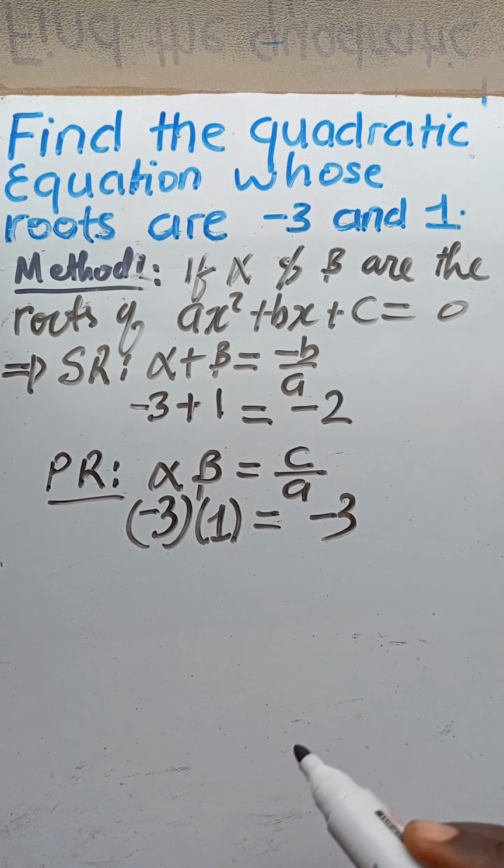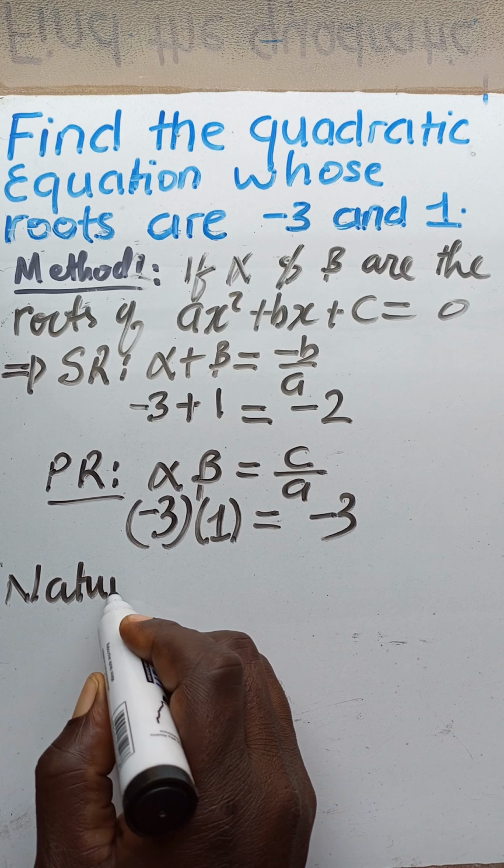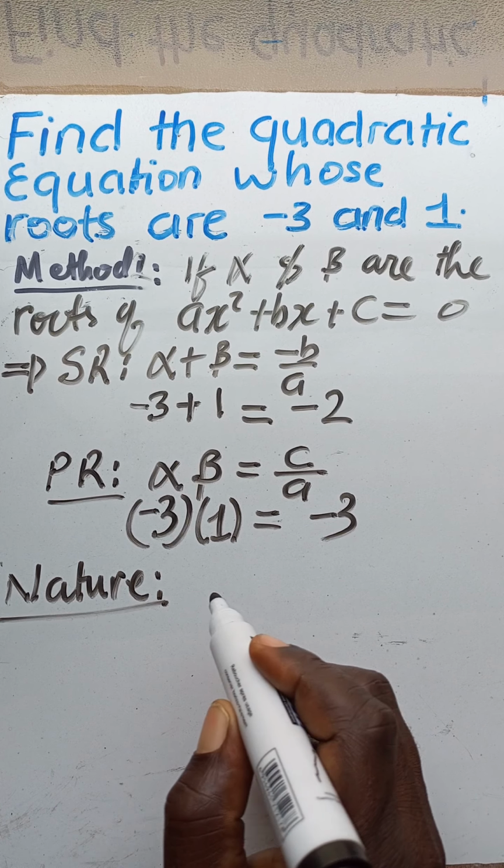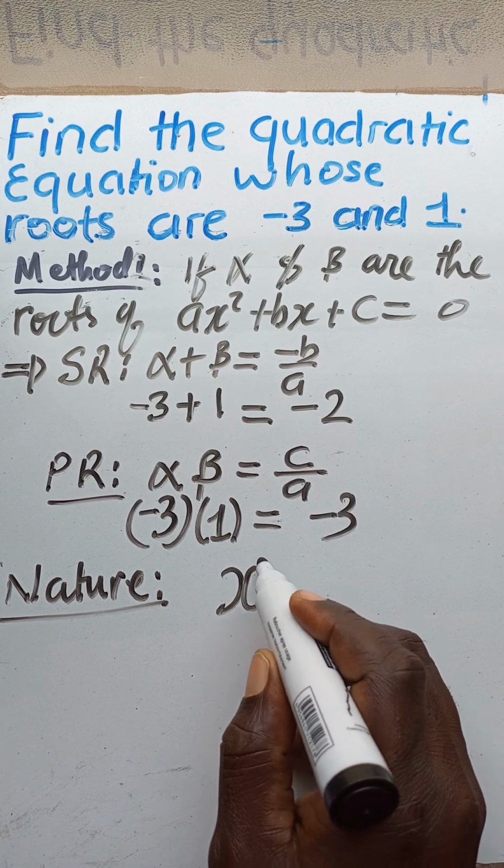The sum of root and the product of root gotten, we know the nature of the quadratic equation is x squared minus sum of roots multiplied to x plus product of roots equals 0. That's the nature of the quadratic equation.